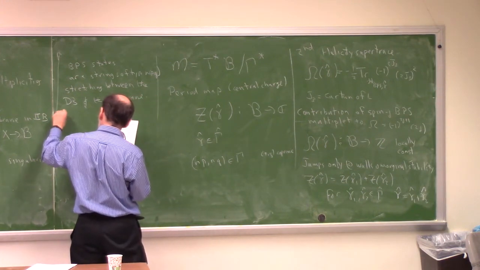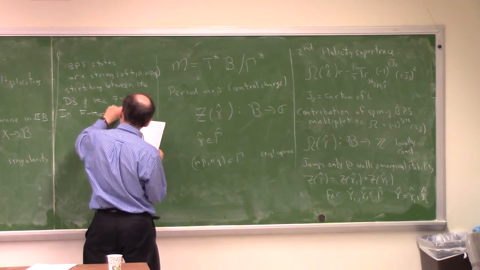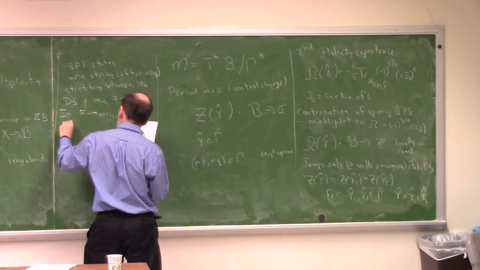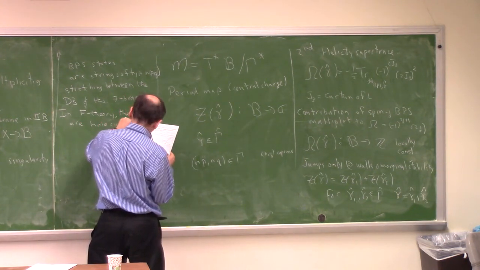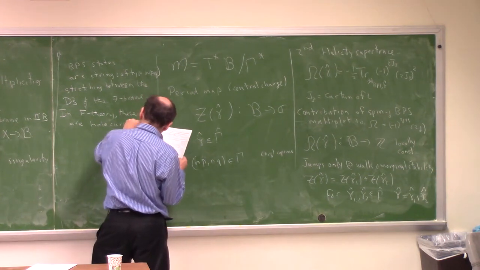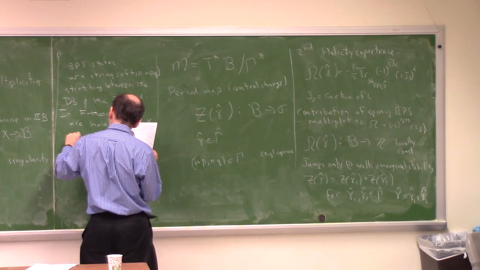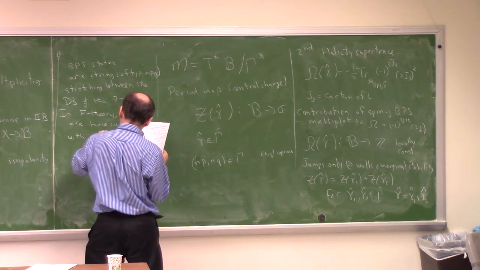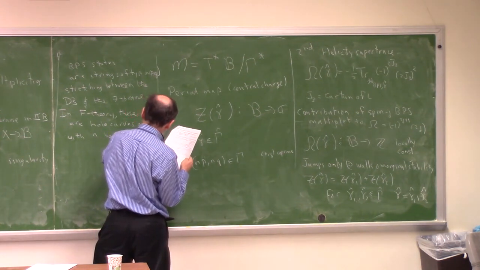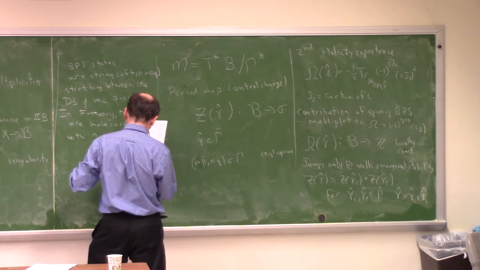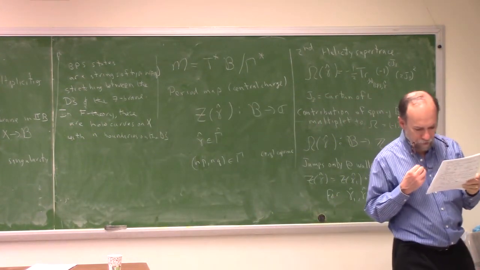Equivalently, in the F theory description, these are holomorphic curves on X with n boundaries on the D3 brane. And so the problem becomes one of counting holomorphic curves.